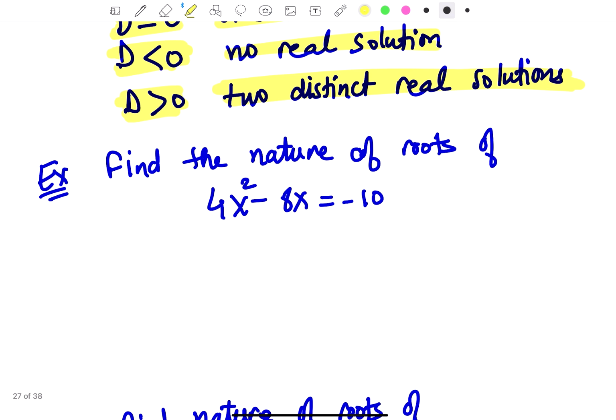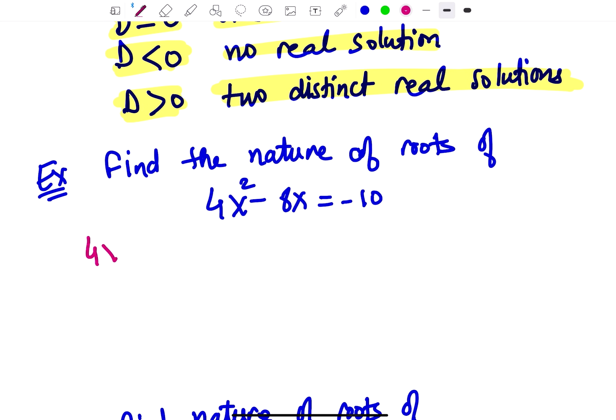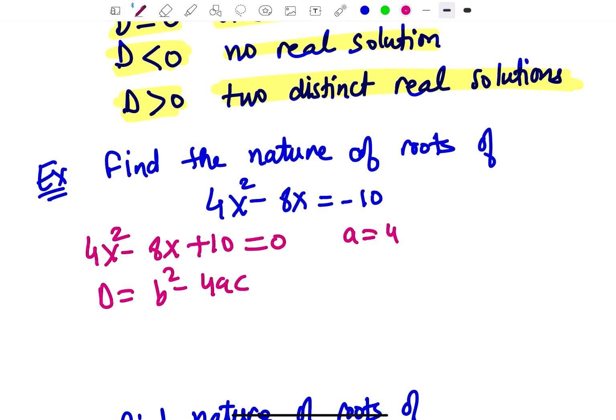Right. For the first example, find the nature of roots of the given equation. So the first step is we want to write it in standard form: 4x squared minus 8x plus 10 equal to 0. All right. So let's go ahead and find the discriminant. D is b squared minus 4ac, where a is 4, b is negative 8, c is 10.